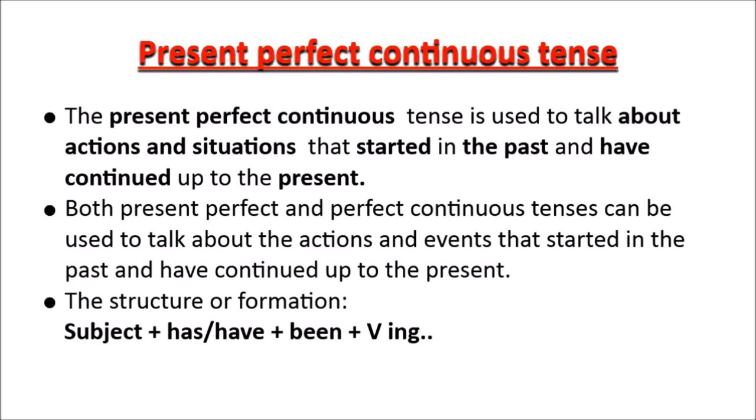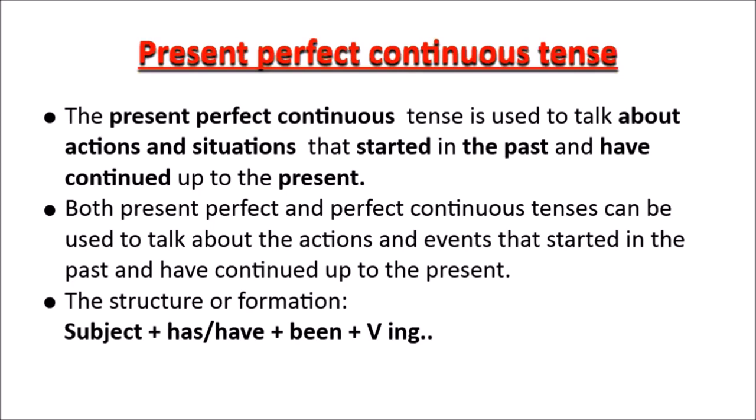Understand? So look at the next point. Both present perfect and perfect continuous tenses can be used to talk about the actions and events that started in the past and have continued up to the present.